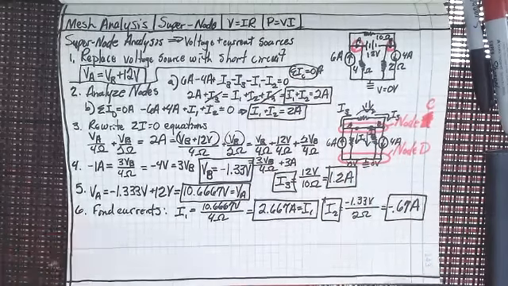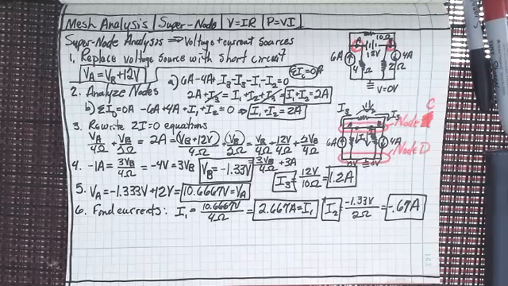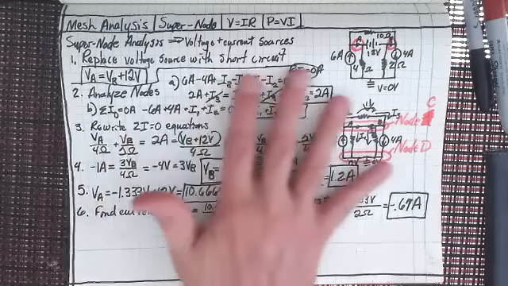So I think everybody can see that supernode analysis gives us the ability to figure out what the currents and voltages are throughout the entire circuit if I have a mixture of current sources and voltage sources. All right. I hope that's pretty clear.